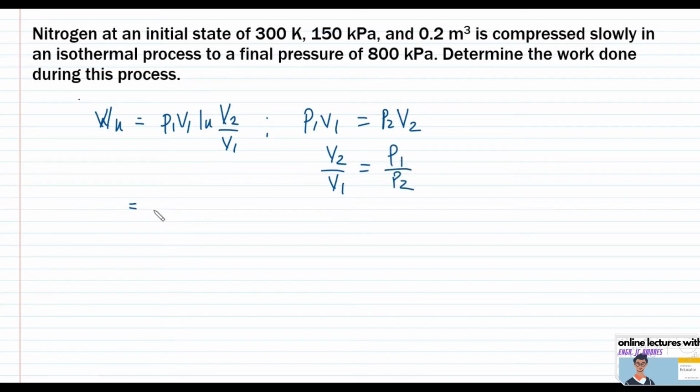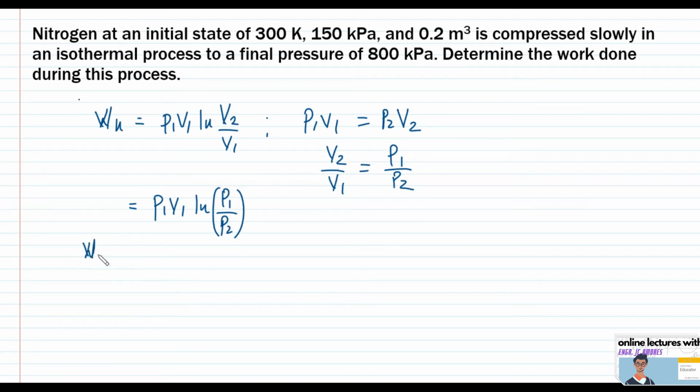So another formula that you could use is P1 V1 times ln of P1 over P2. So we don't have to solve for V2, because we could replace V2 over V1 by P1 over P2.